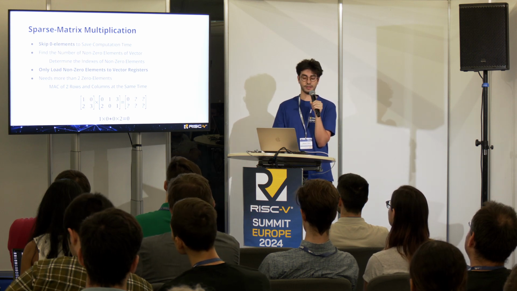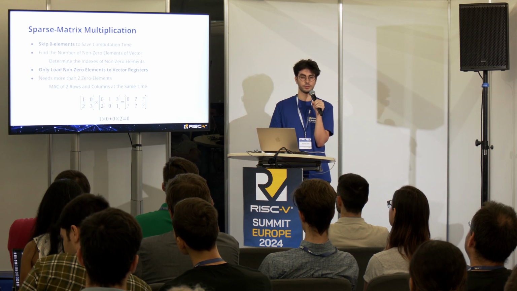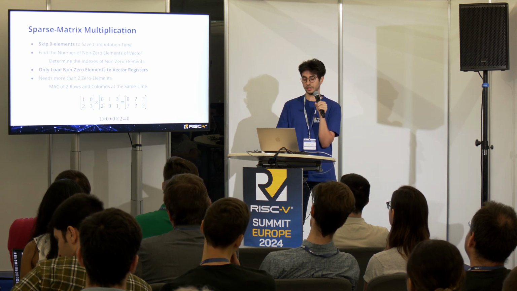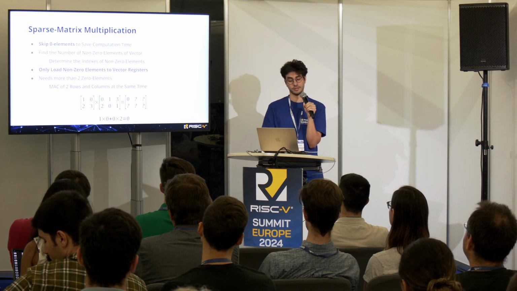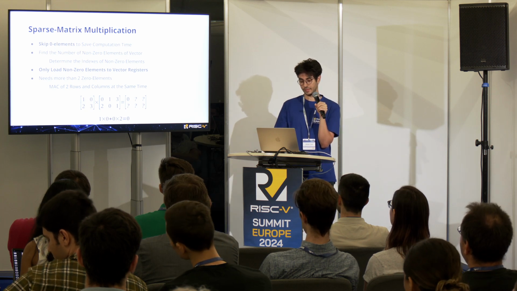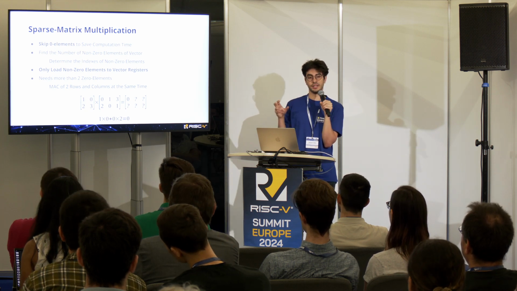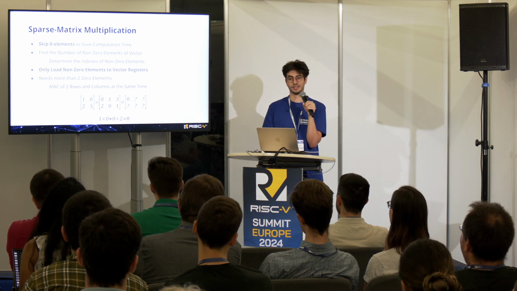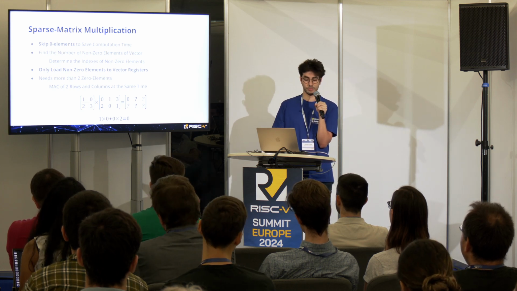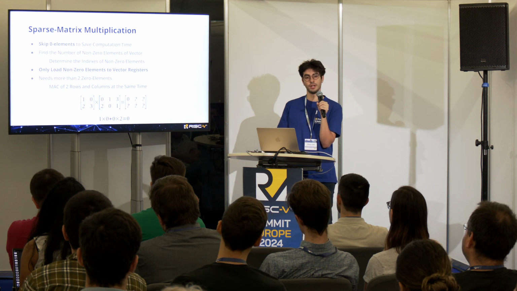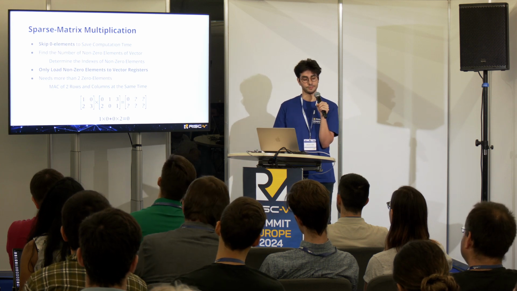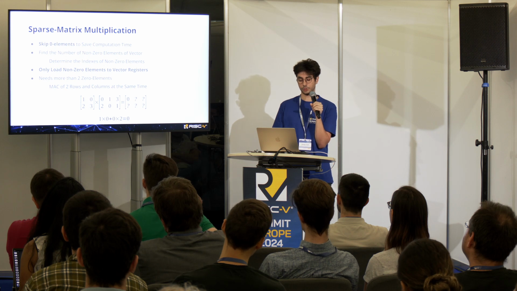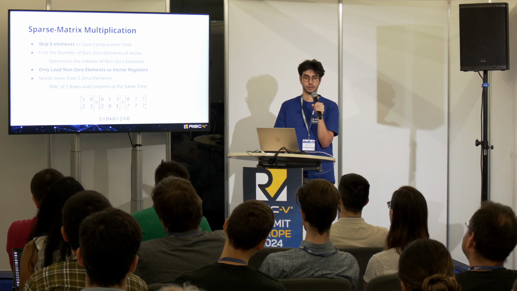At first, you need to find the number of non-zero elements of your vector, and then determine the indexes of non-zero elements, and then you only load the non-zero values into your vector registers, and then use these to do the multiplication. So you got rid of many of the operations. With that, I could do a MAC operation of 2 rows and columns at the same time.